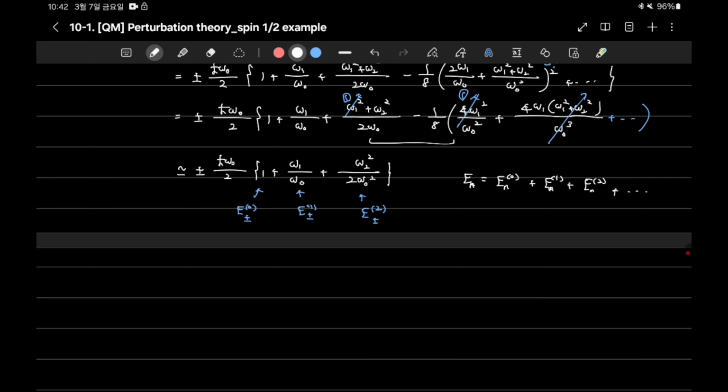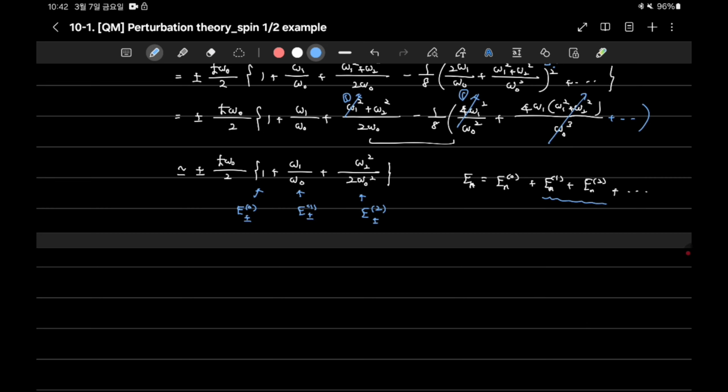In this case, we can see that the higher order energy is much smaller, because omega 1 over omega 0 and omega 2 over omega 0 are very small, so the higher orders decrease more and more significantly.